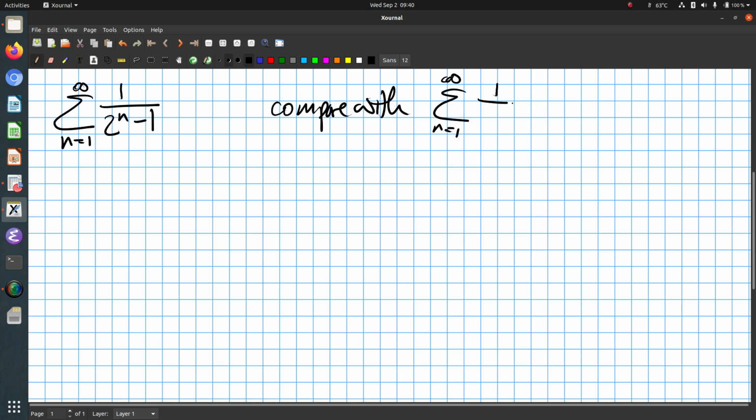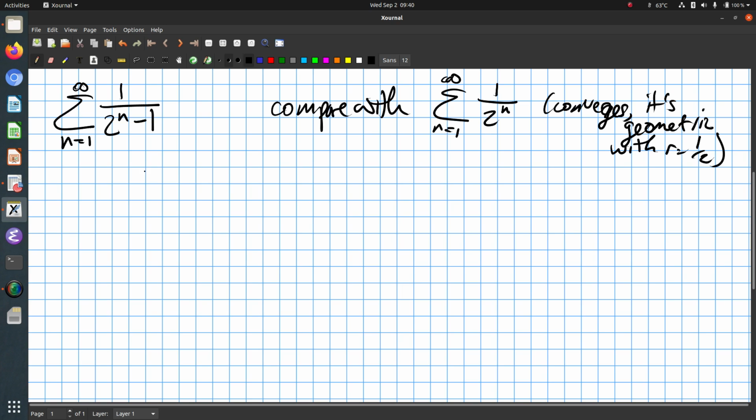You would therefore say, hey, I'd like to compare it with this geometric series. This geometric series converges. It's geometric with r equal to 1/2. So that would be the thing you'd want to compare it with.